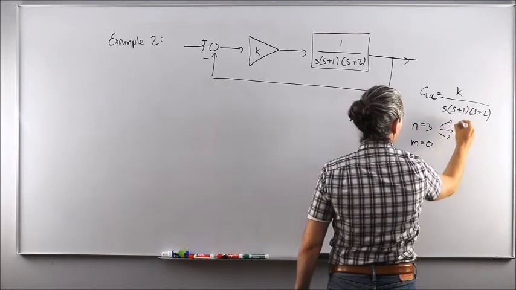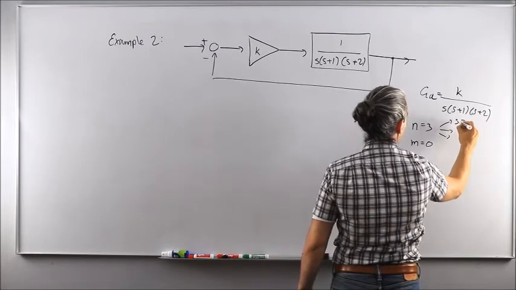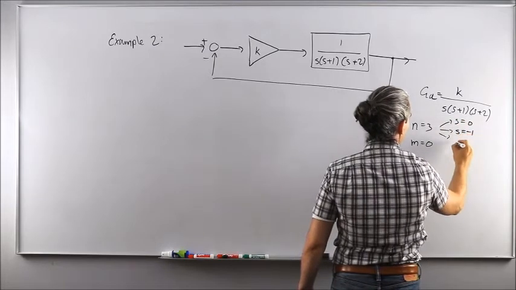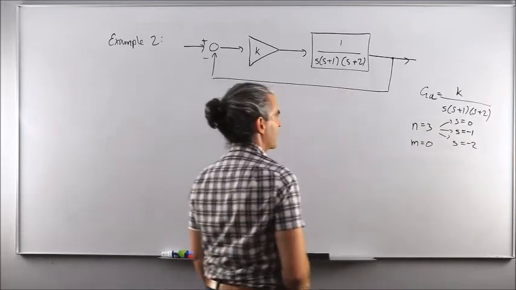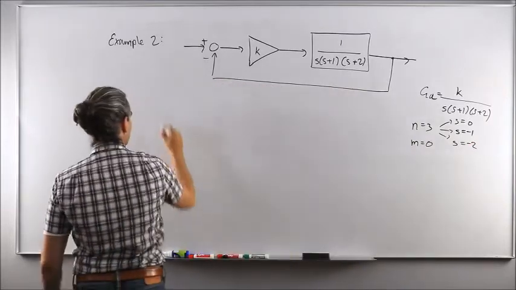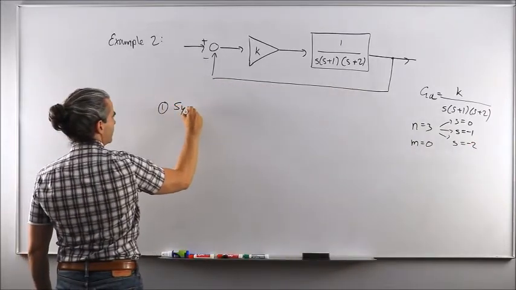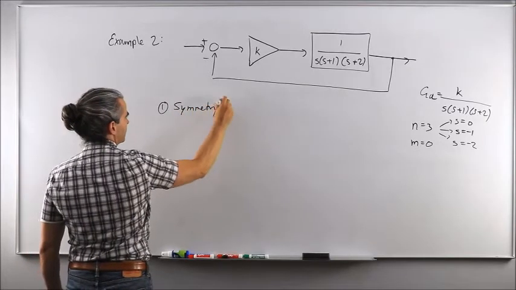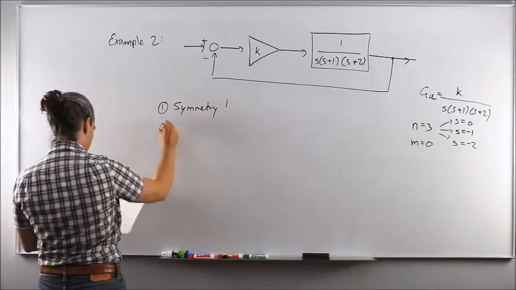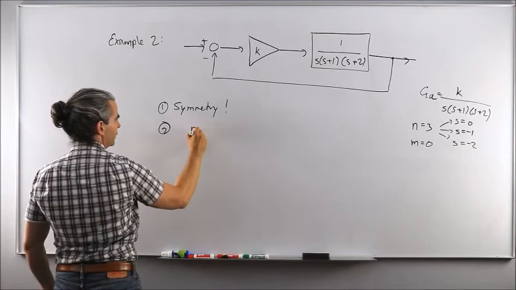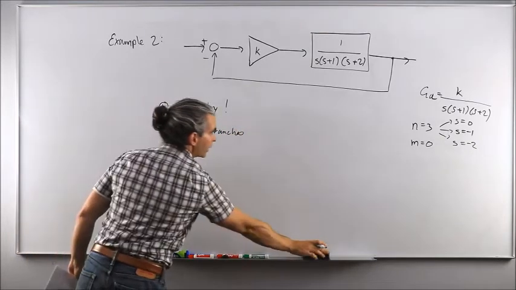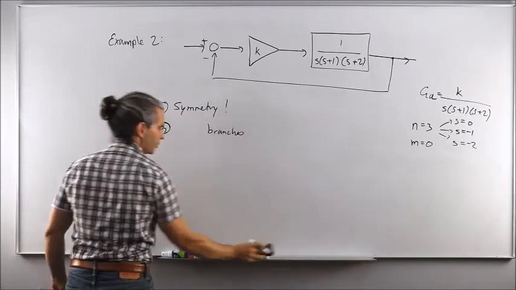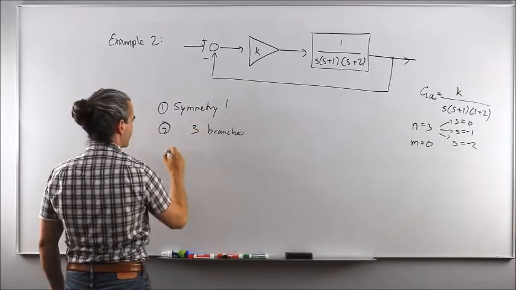Well, I've got a pole at s equals 0, a pole at s equals minus 1, and another pole at s equals minus 2. That's what I've got. Okay, step 1: symmetry. Easy peasy. Step 2: I've got n branches, or in my case, 3 branches for my root locus.